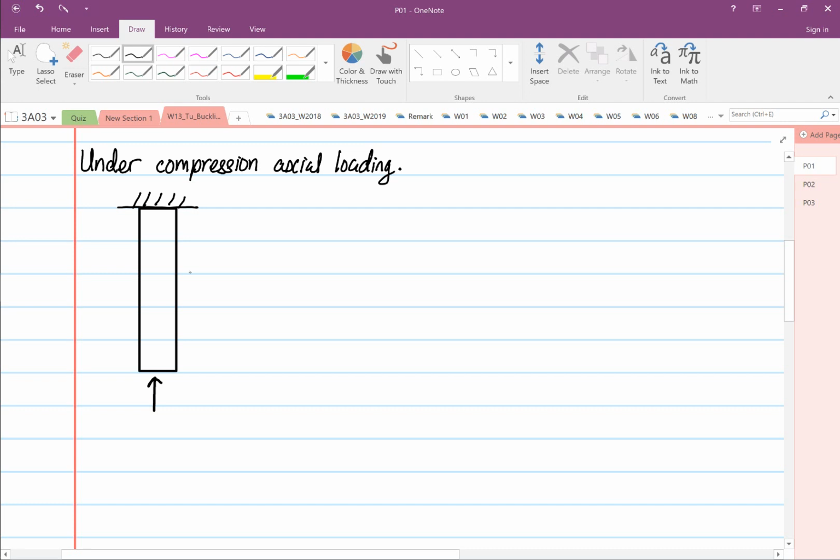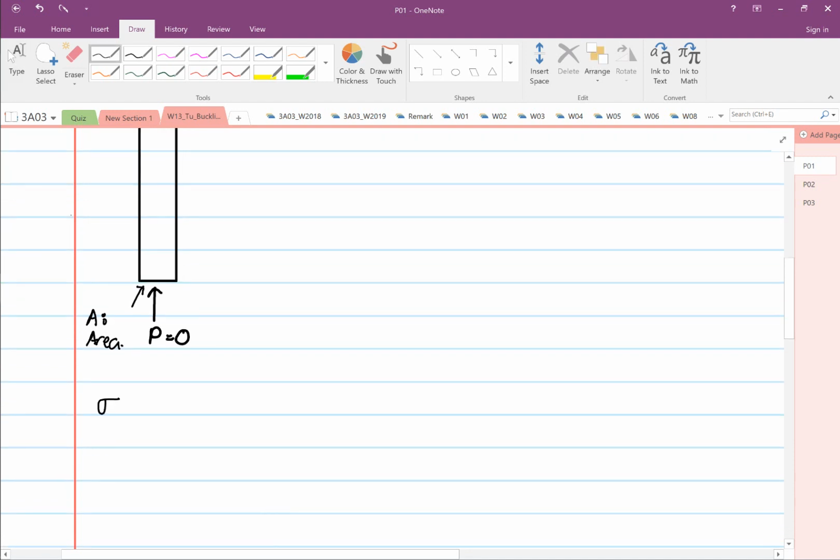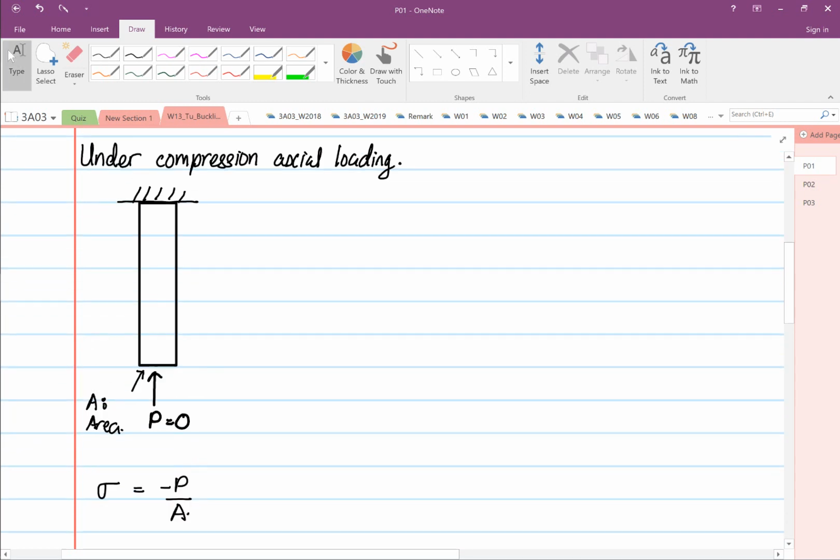This load P at this moment of time is equal to 0, and over here we have our A, which corresponds to our area. Okay, so we can easily write down that stress is equal to minus P over A.